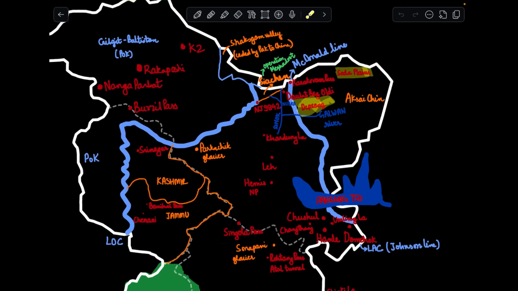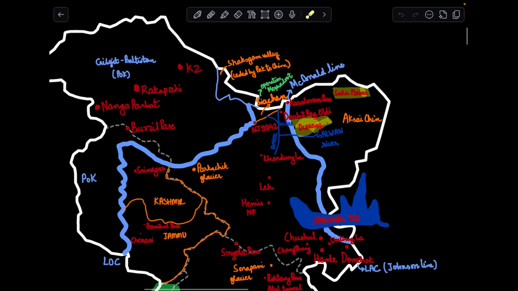Towards the north of NJ9842, we have the Siachen Glacier. Siachen Glacier is the highest altitude battlefield. It is an Indian territory, not occupied by India, but it was already an Indian territory.